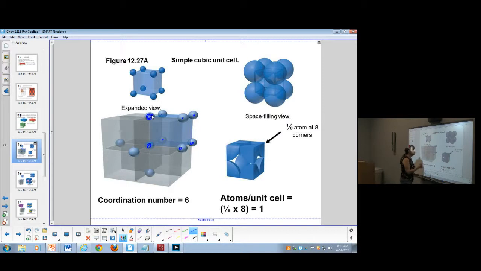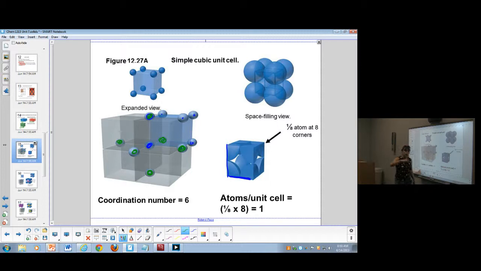Now, in the cube itself, there's only 1/8 of that atom. Only 1/8. And I want you to notice that these atoms touch each other along the axis here. So they always touch each other. Now, that's where nearest neighbors come from. In this case, this guy right here in the middle is touching this one, and this one, and this one, and this one back here, and this one right here.